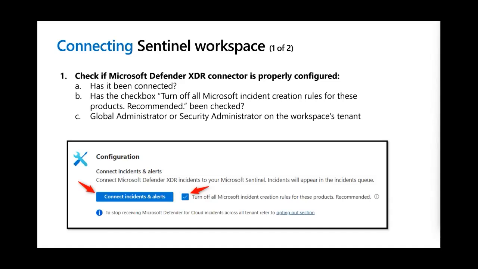As shown in the screenshot here, this is to avoid creating duplicate incidents and alerts that come from Defender products. And to perform this step, either a global admin or a security admin role is required on the workspace tenant level.